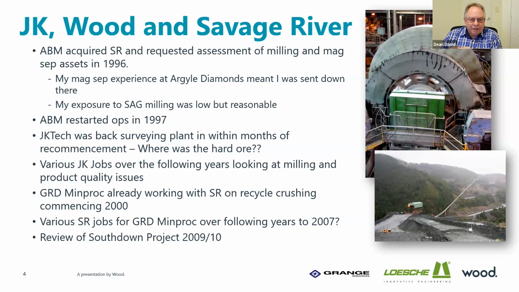And then they came to JK and they asked for someone to come and have a look at their mills and their magnetic separators and see if they were useful to continue on, because they were going to bulldoze the whole plant. So I'd just come from Argyle. I've been using mag separators there, and Rob Morrison sent me down to have a look at what they were doing. At that stage, my exposure to SAG milling was pretty low, but it was getting better.